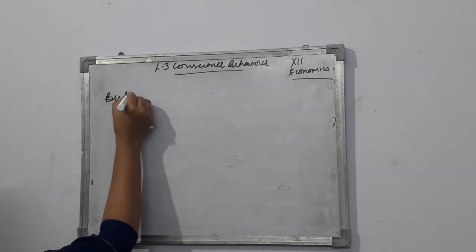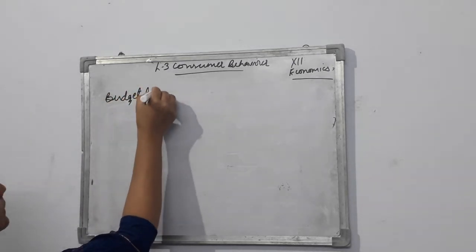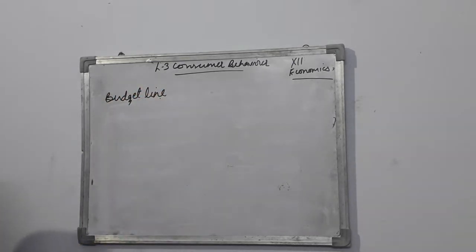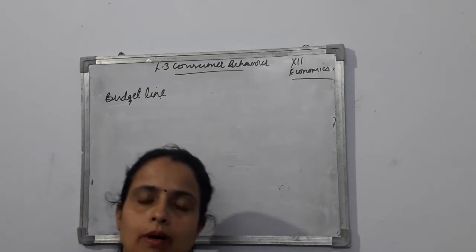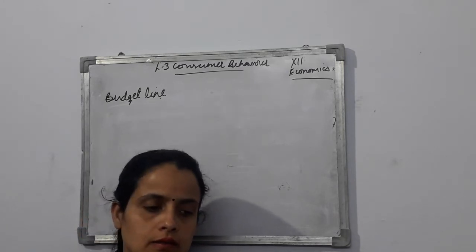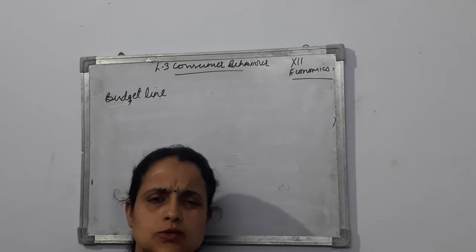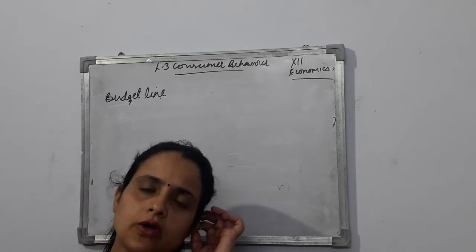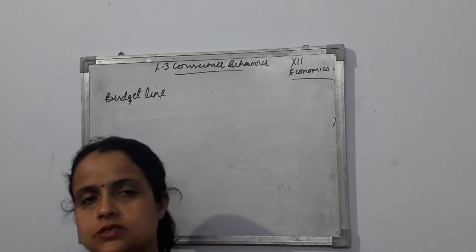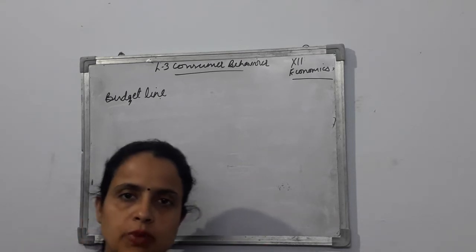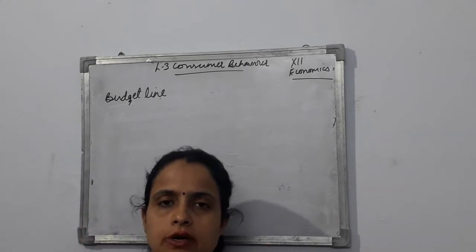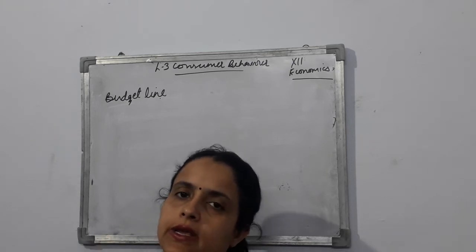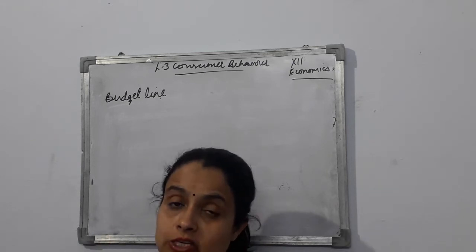Budget line. Right children, now budget line, what exactly? You must have always heard and used this word budget. Everybody has a budget, and without a budget you have to plan your expenditures. Planning the expenditure is known as budget. When you plan your expenditure, you have estimated receipts and estimated expenditure.